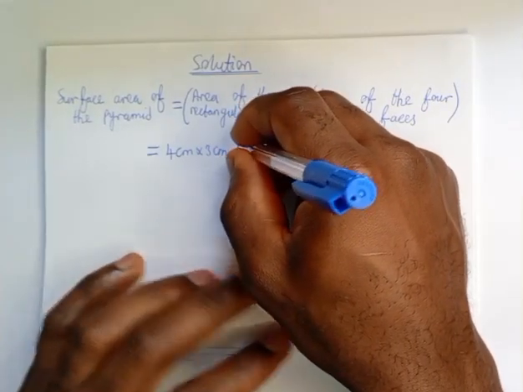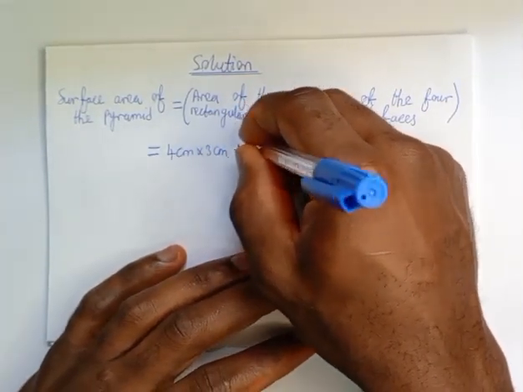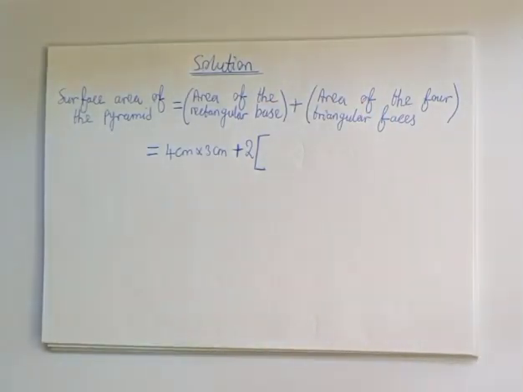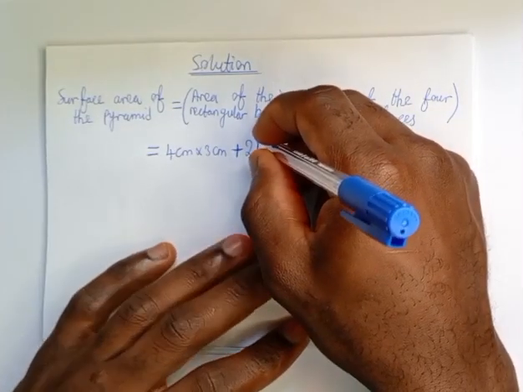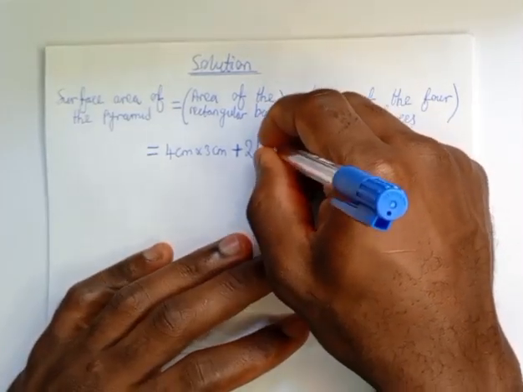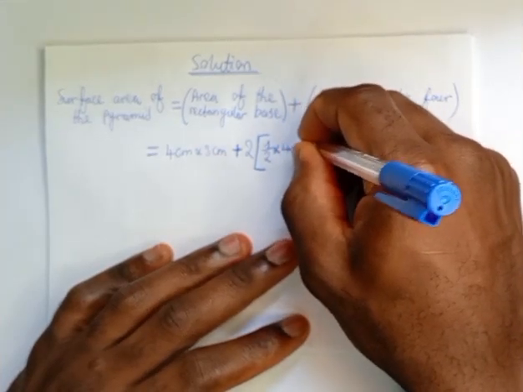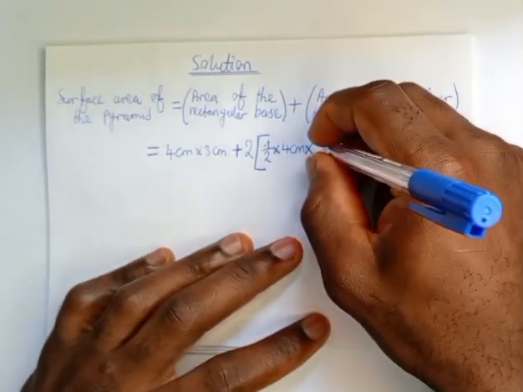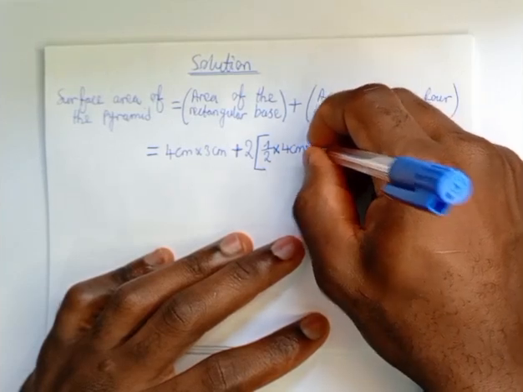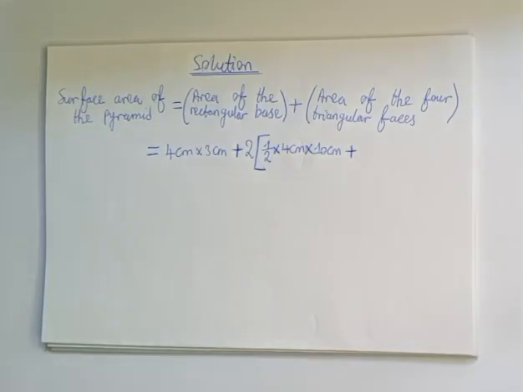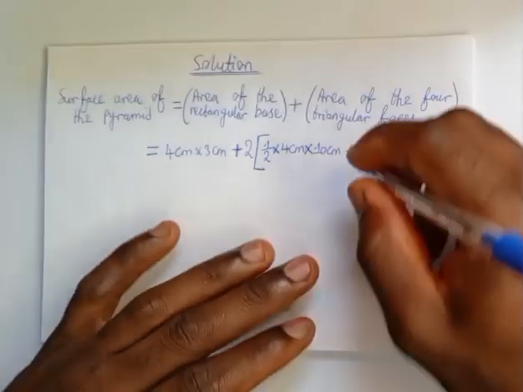This will simply be 2 times, for the triangles on the length, the area is given by a half times the base, which is the length 4 centimeters, times the slanted height, which is 10 centimeters, plus the area of the triangles on the width.